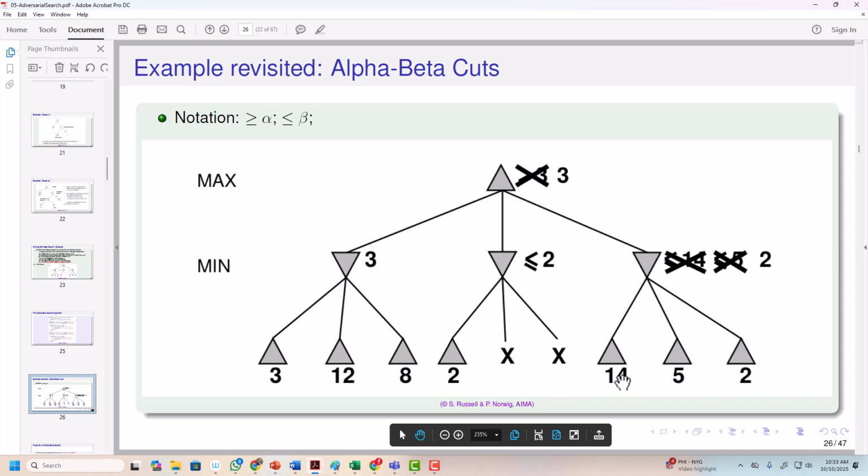But if the order was the other way around, 2 first, then 5, then 14, you will probably not need to explore the other nodes. The first time, it was necessary because we had to check if anything lower was possible. But here we already have a value of 3. So if we get a 2, I will stick with the 2 first. But because it was 14, I had to check 5 and the 2.